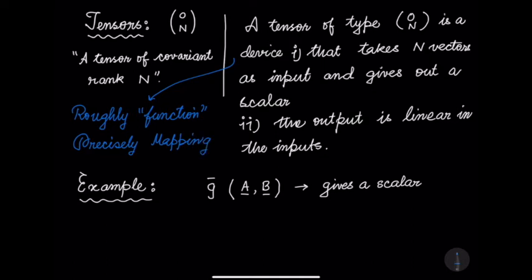So it takes two vectors, maps them to a scalar.